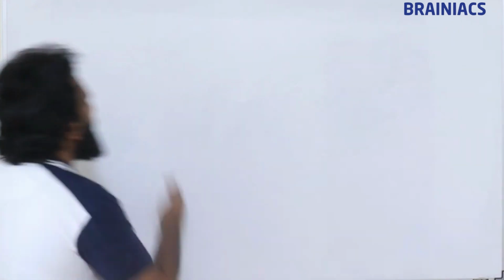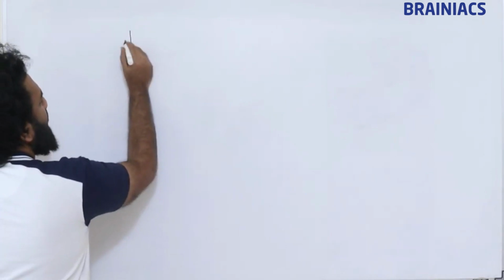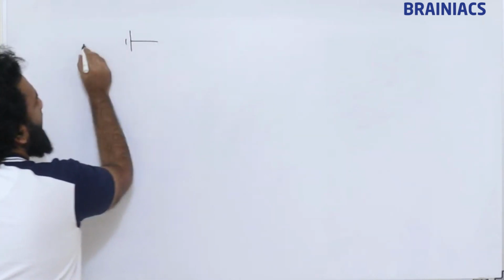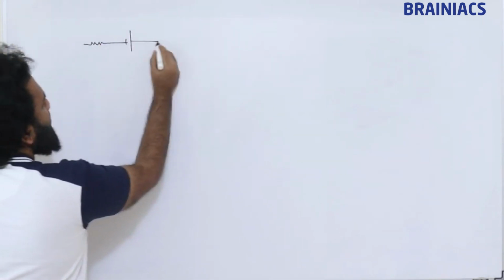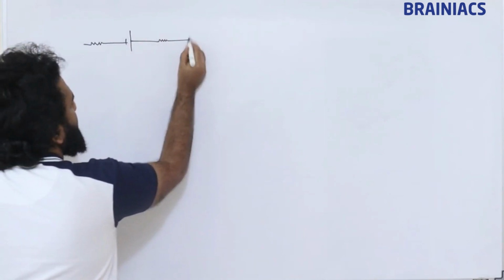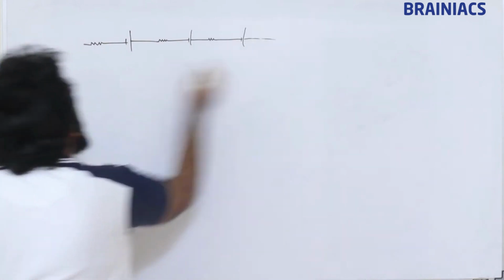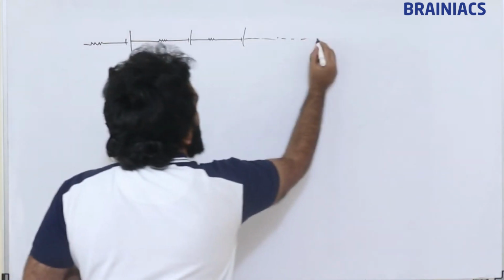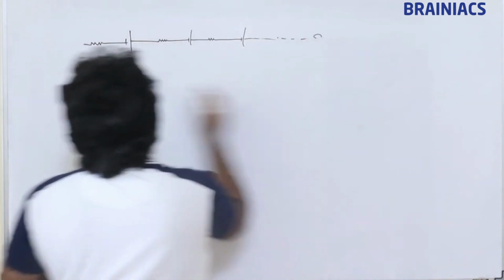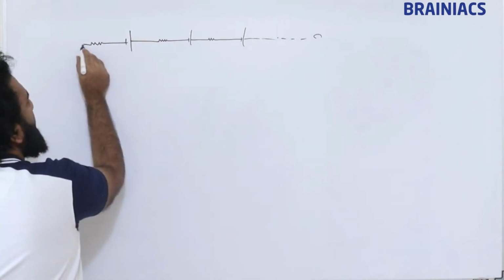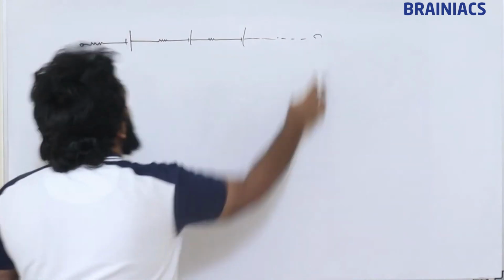So regarding series combination, we had arrangements of cells like this, just like this, then n times. Then we can have external circuitry also.